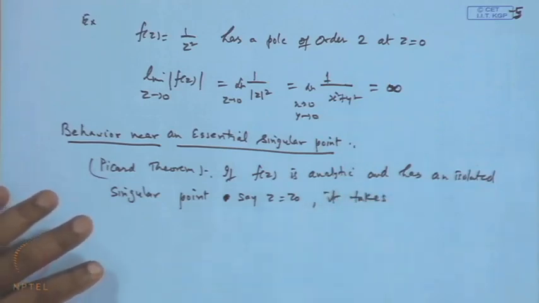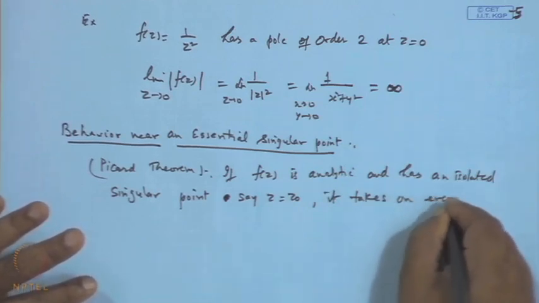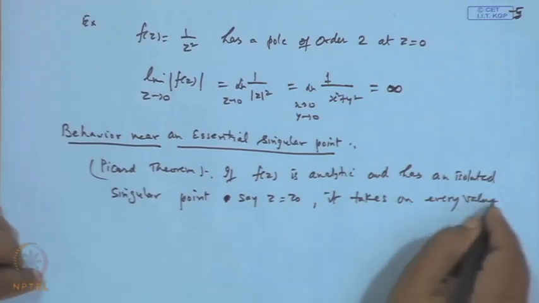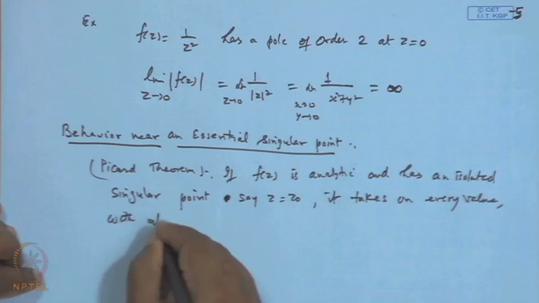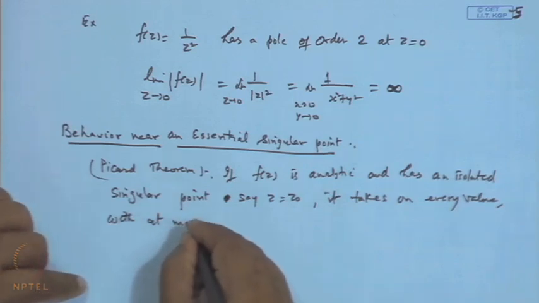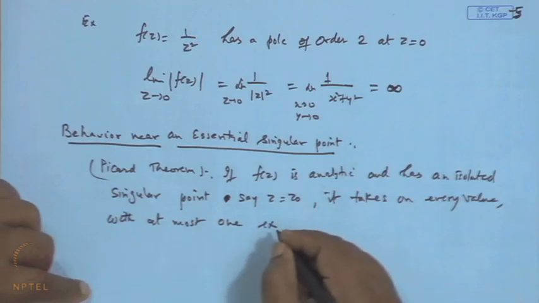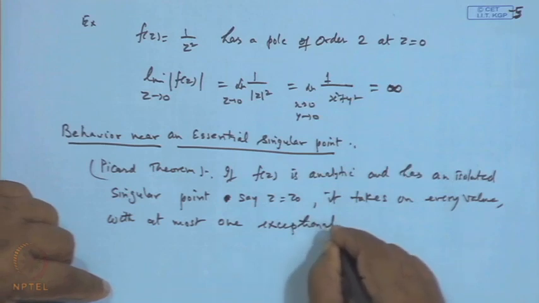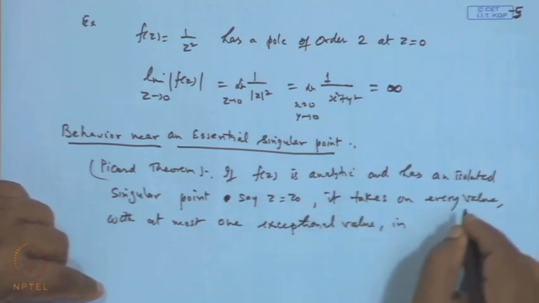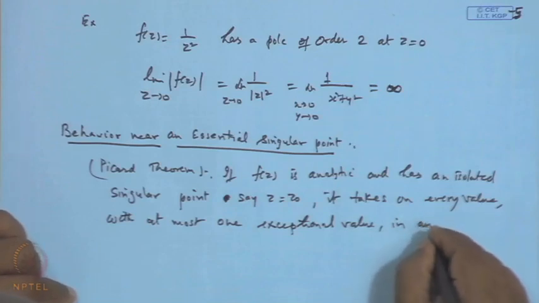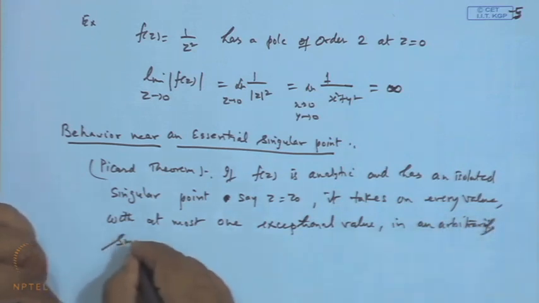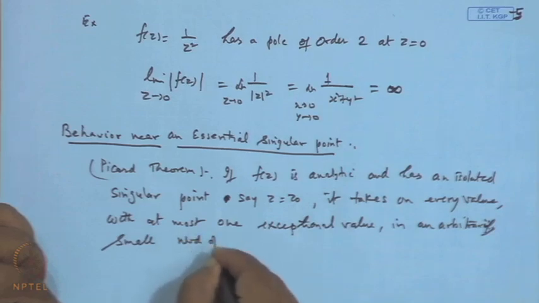on every value, with at most one exceptional value, in an arbitrarily small neighborhood of z naught.